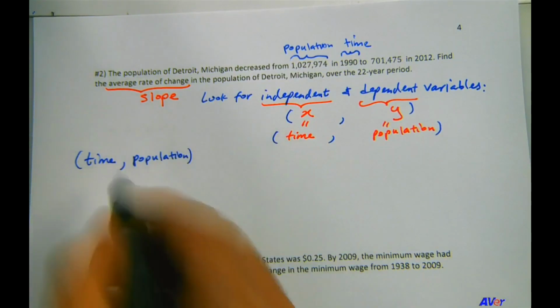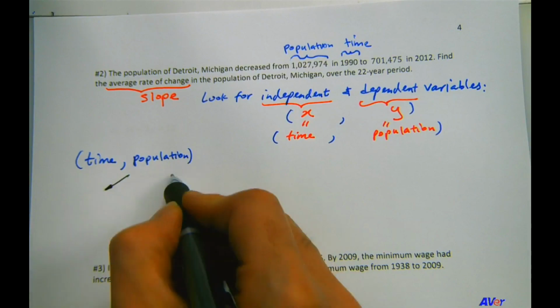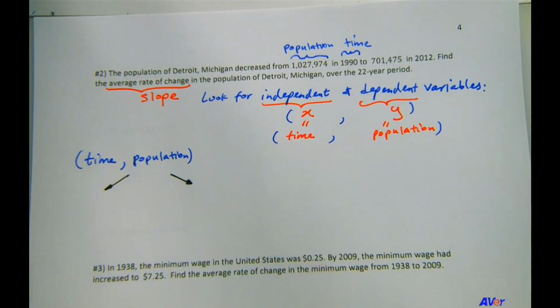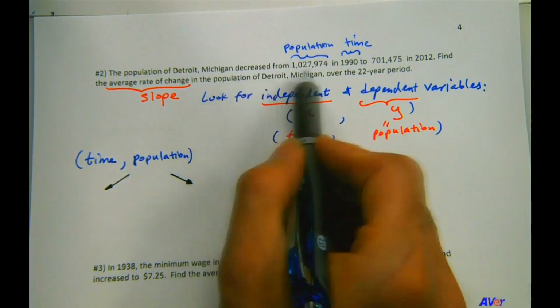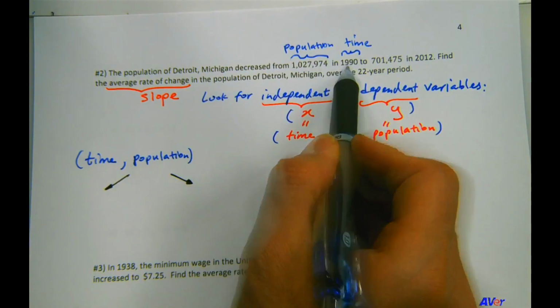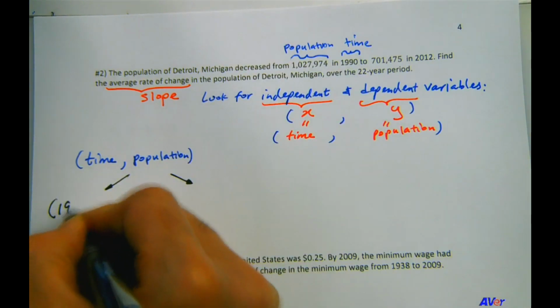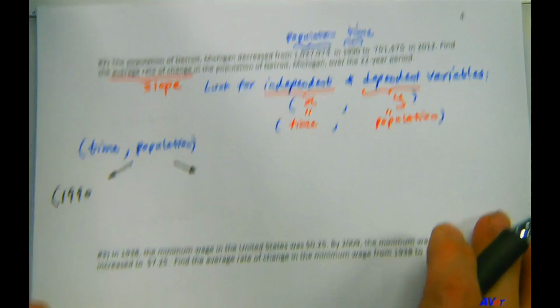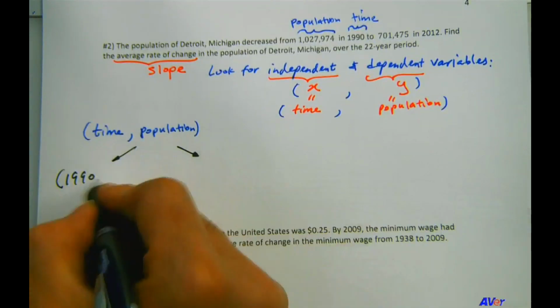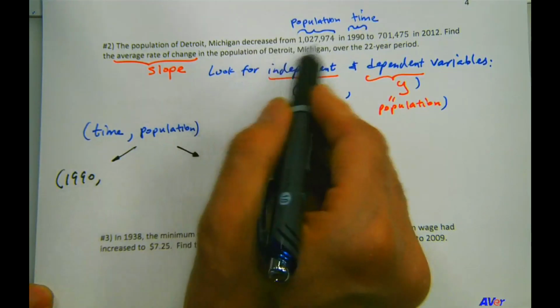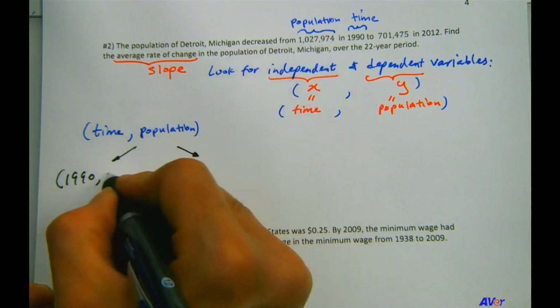So we're going to have 1 point here and 1 point here. In 1990, right? In 1990, comma, the population was this much, right?